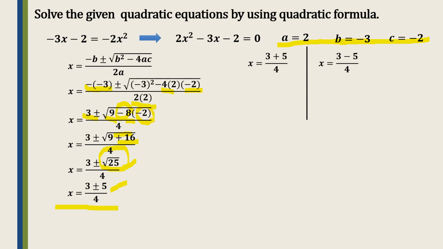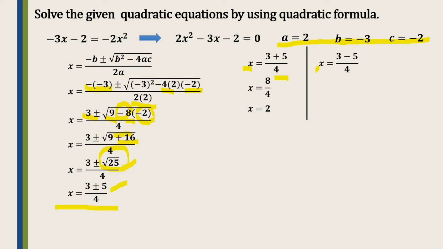So, isimplify natin or isolve na natin ang value ng x. Unahin natin ang nasa left side. We have x equals 3 plus 5 all over 4. X equals 8 over 4. So, 3 plus 5, meron tayong 8. 8 divided by 4, the answer is 2.